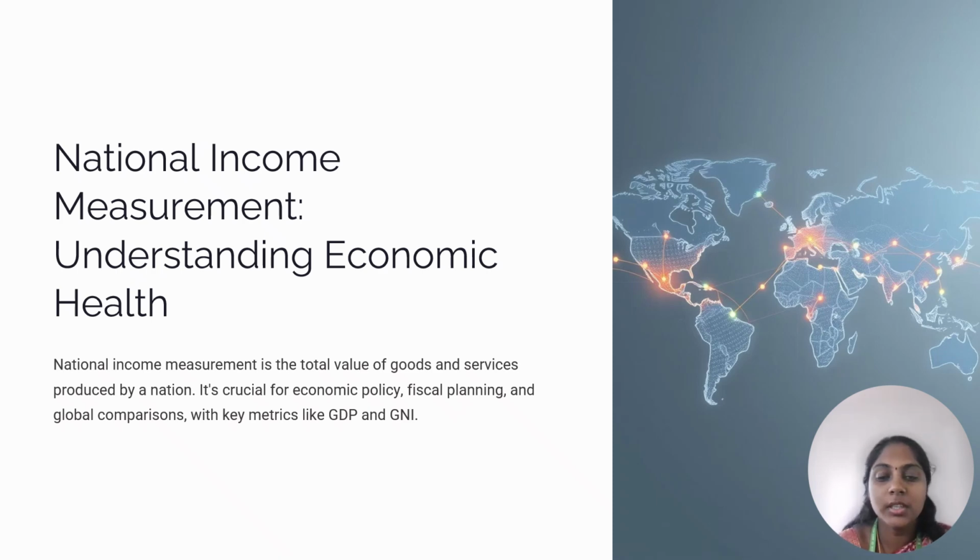It is crucial for economic policy, fiscal policy, and global comparisons with key metrics like GDP and GNI, gross domestic product and gross national income. National income is the total value of goods and services that is produced by a nation, and it will be calculated in different methods. Some of the methods will be discussed here.